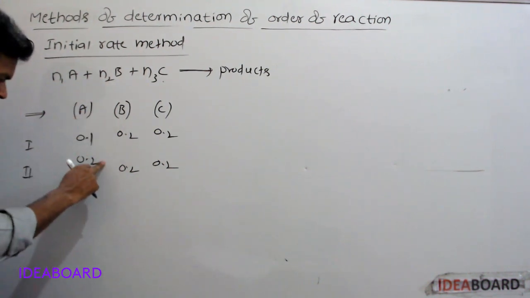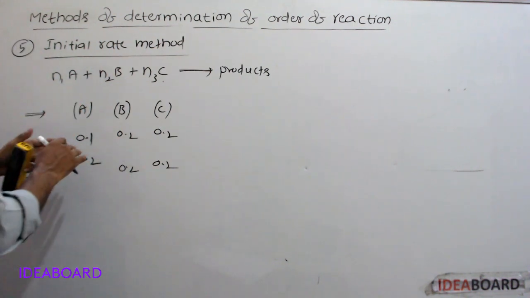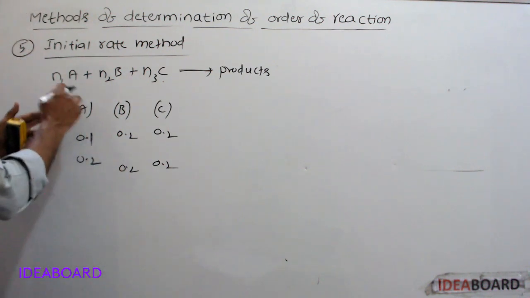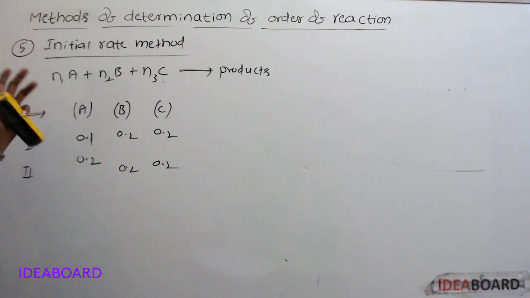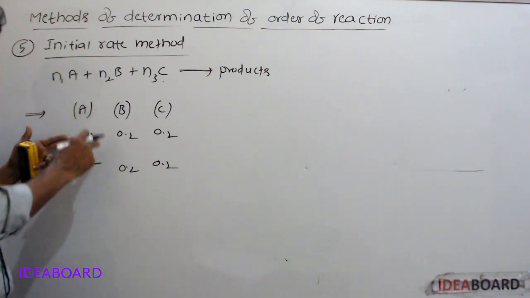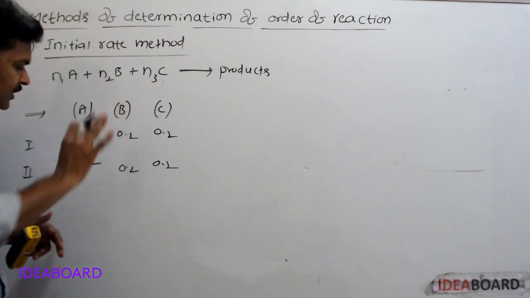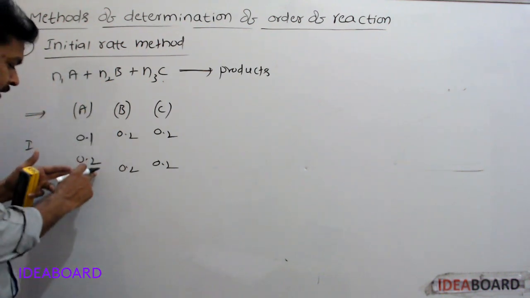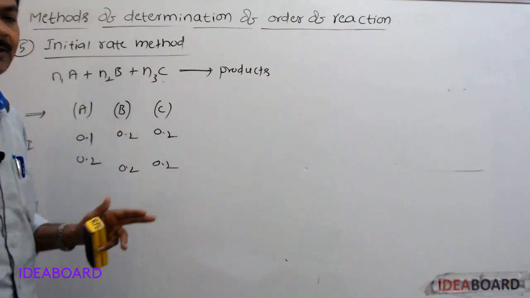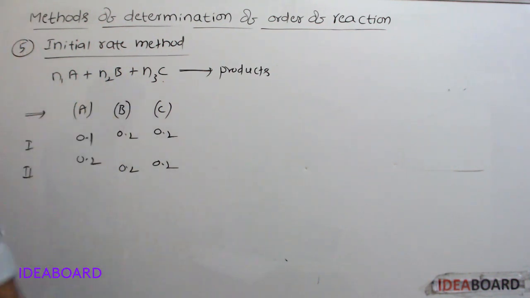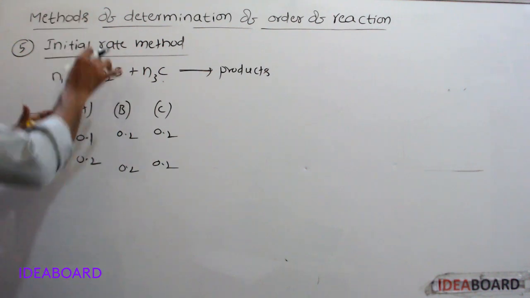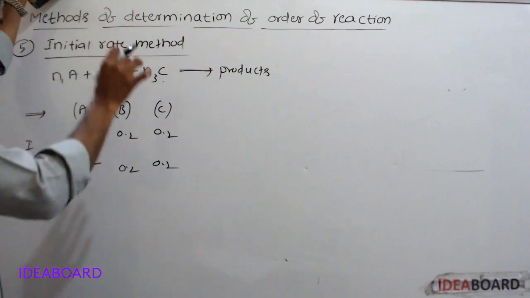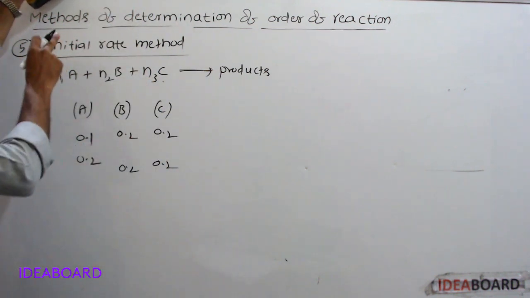If the rate of reaction also becomes double, then the order with respect to A is 1. Suppose A concentration is doubled and there is no change in the rate of reaction, then the order with respect to A is 0. Like that, we have to do three experiments. First, by keeping B and C concentrations constant, we can determine the order with respect to A.